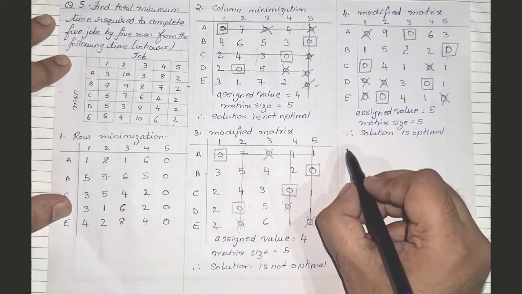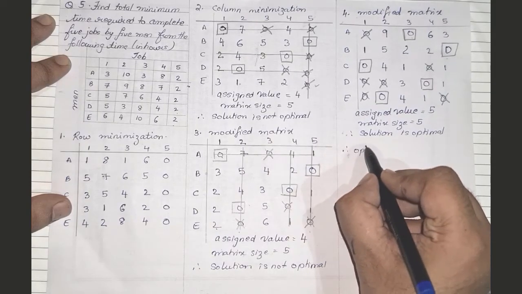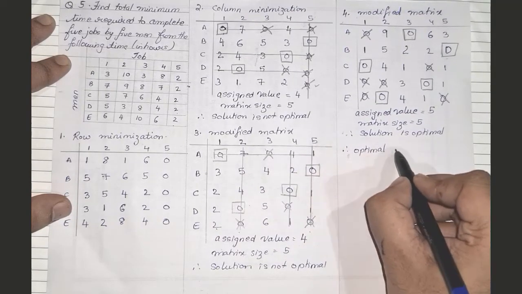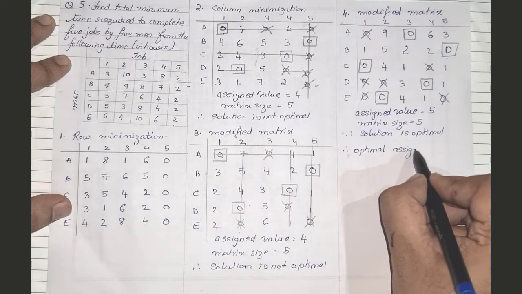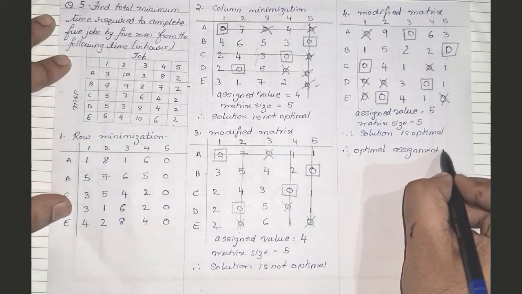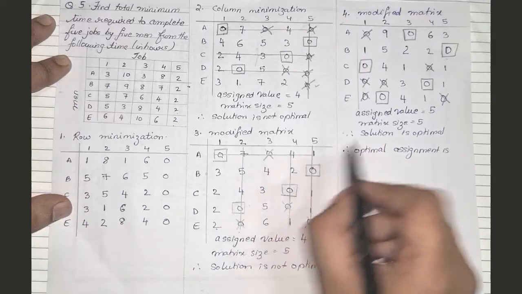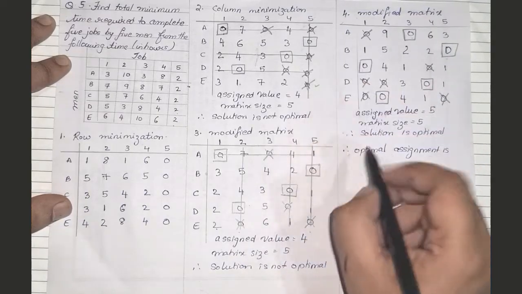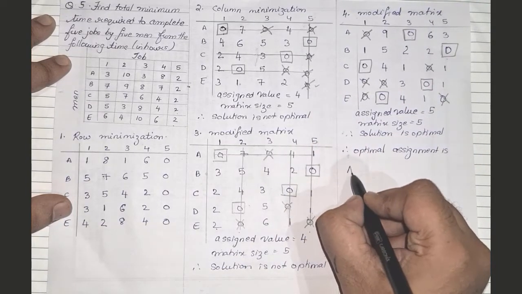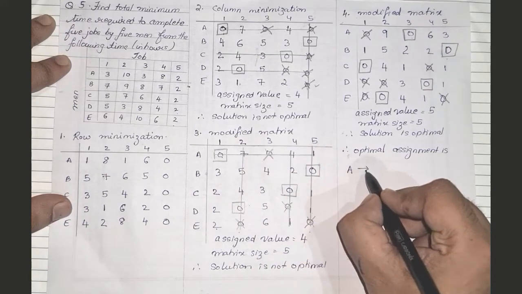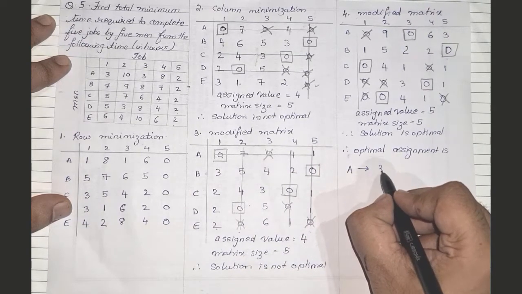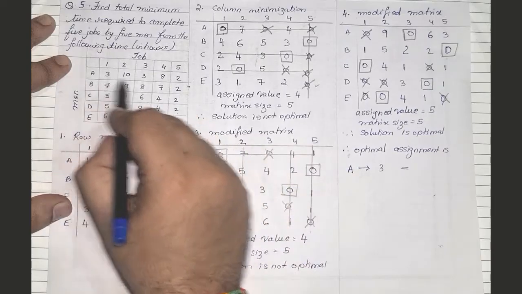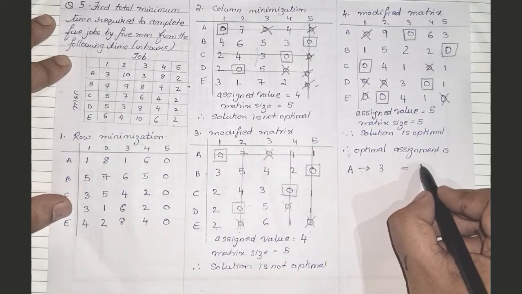So our final answer, therefore, the optimal assignment is: for man A, the job which was given was 3. The value for that, A3, is 3.